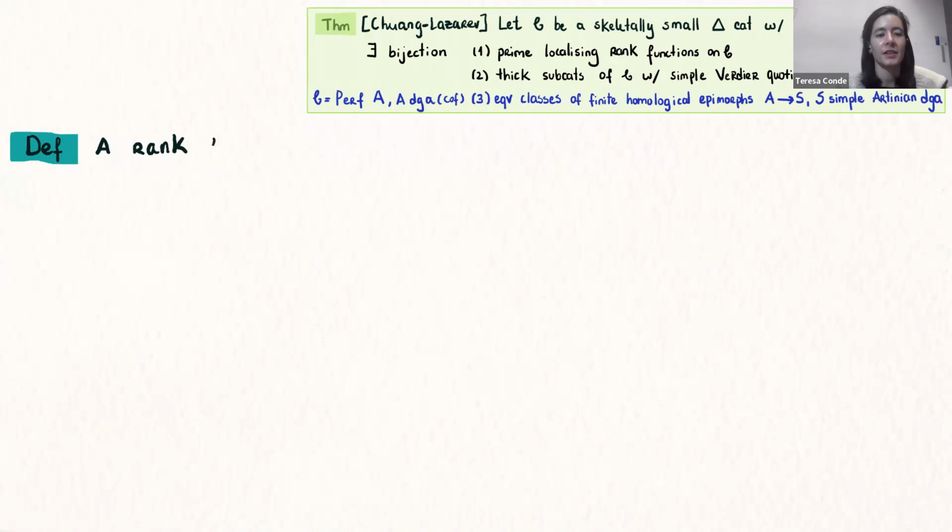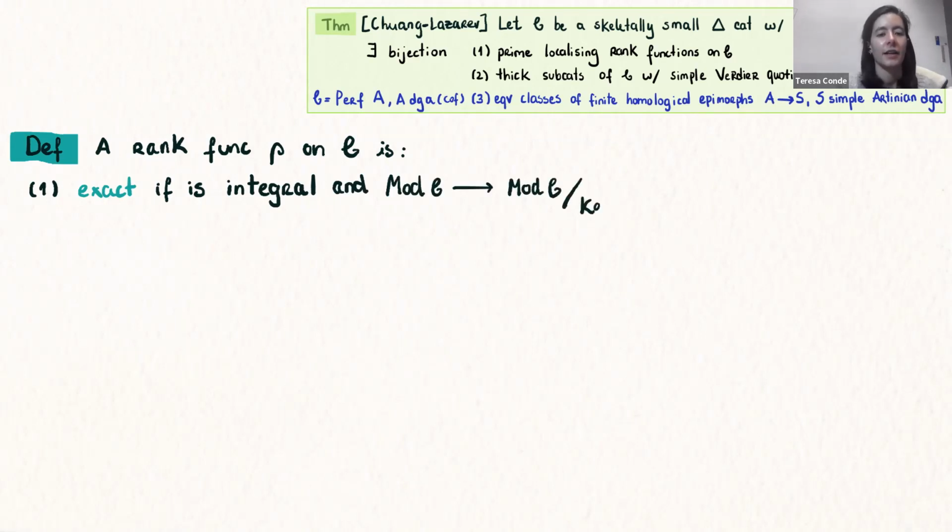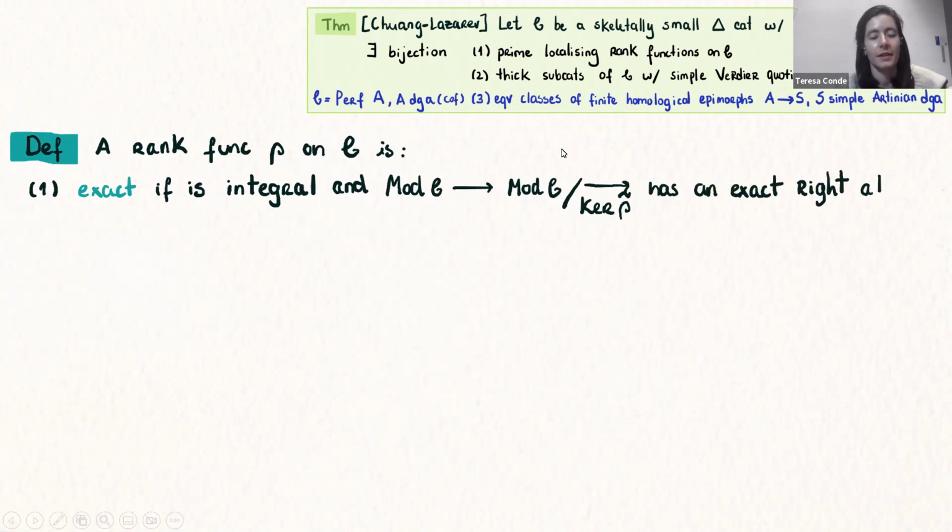And for this, we need to define two new types of rank functions. The exact rank functions. So we are going to say that a rank function rho on C is exact if it is integral, and if this Serre quotient has an exact right adjoint.